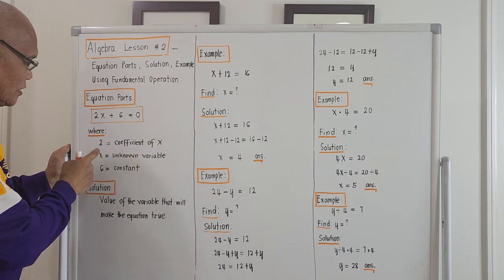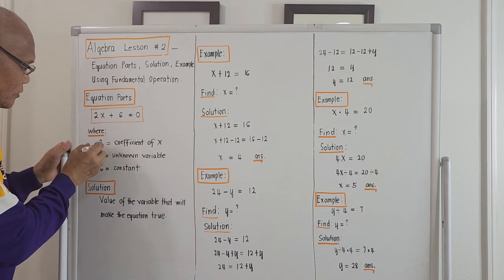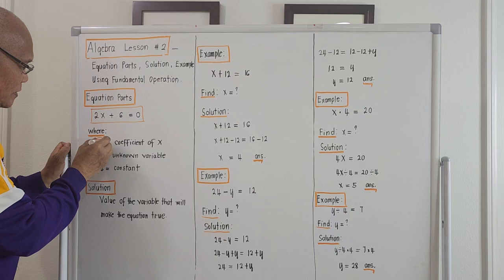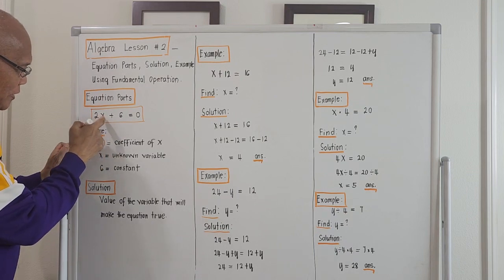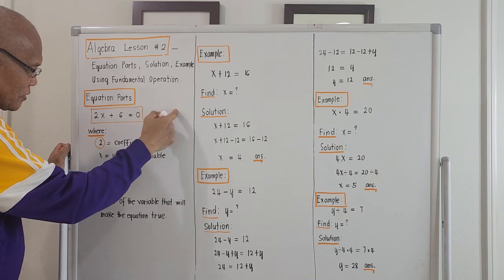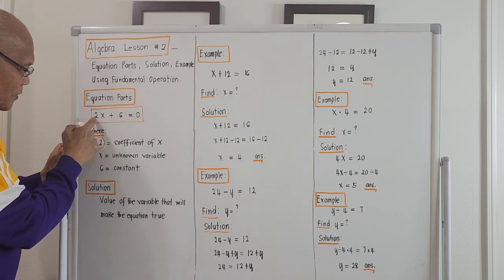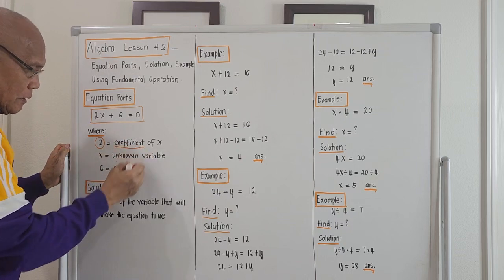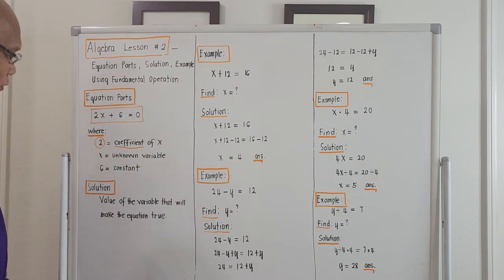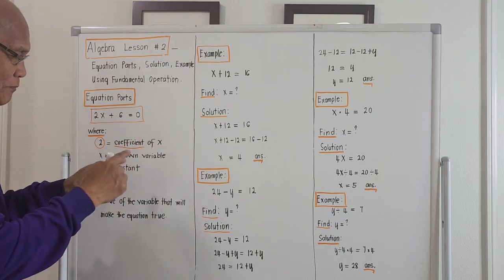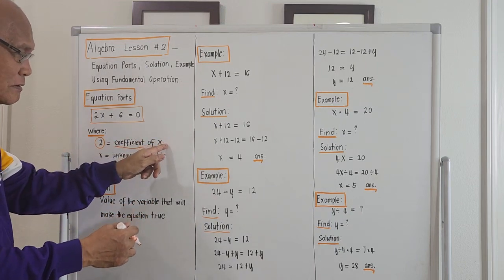The first one is this number 2. This 2 is multiplied by x, and if we consider this an equation, the proper term for this 2 is coefficient of x, because the variable beside it is x.